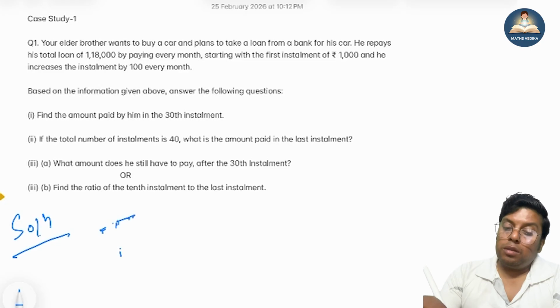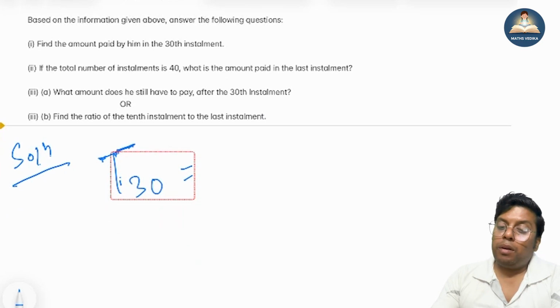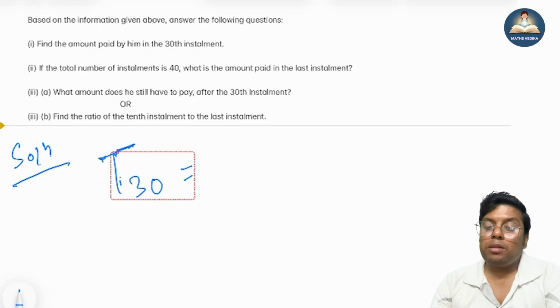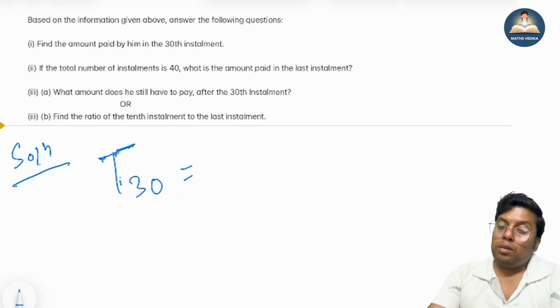The formula is a plus n minus 1 d, so a plus 29d, where the amount of the first installment is 1,000, so a will be 1,000.